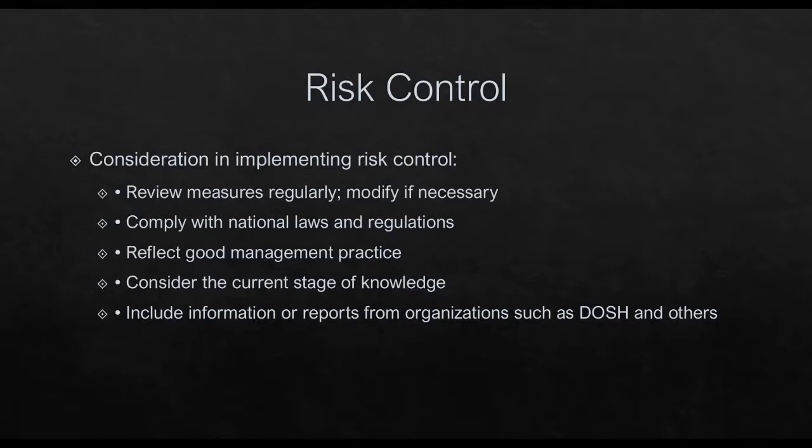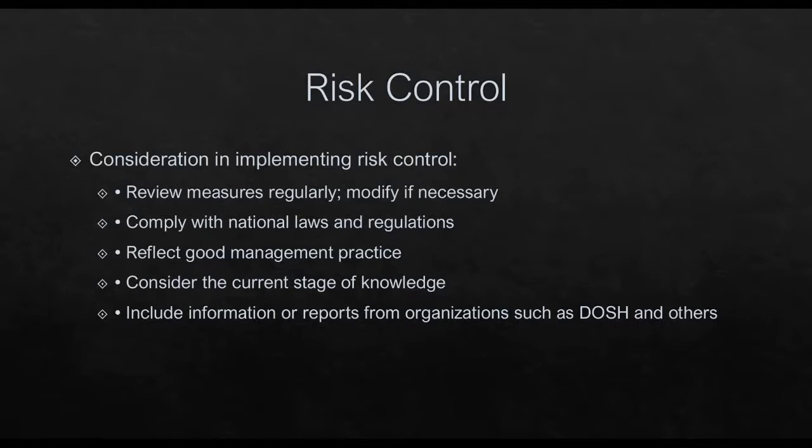Then another consideration, we have to consider the current state of knowledge. Maybe based on our experience. That's why the data record is very important, because from that data we know whether the incident has happened before.